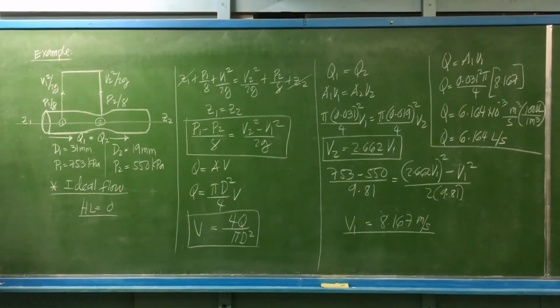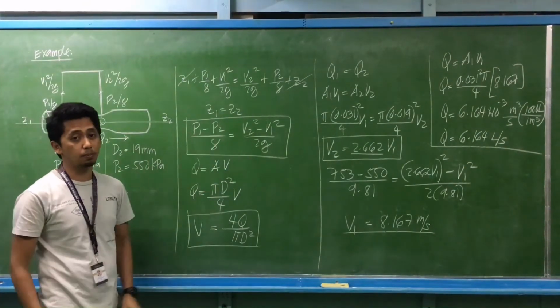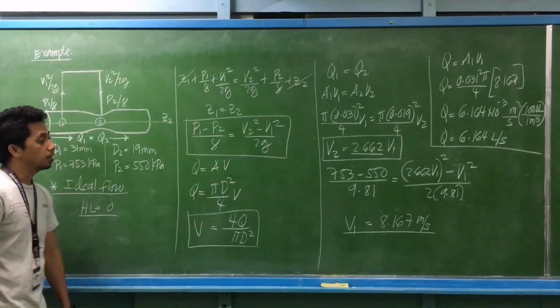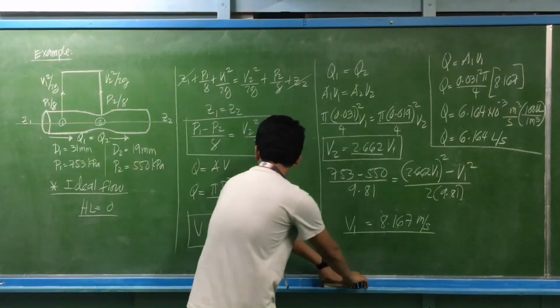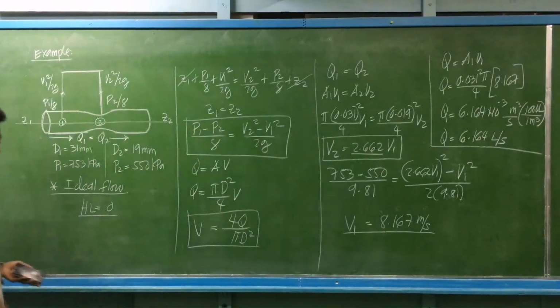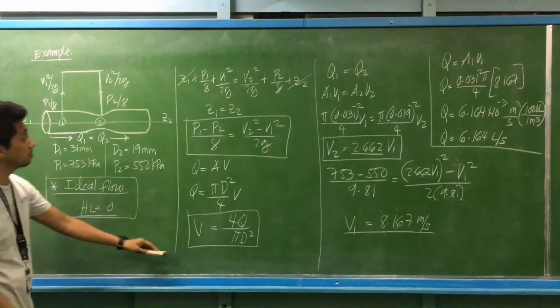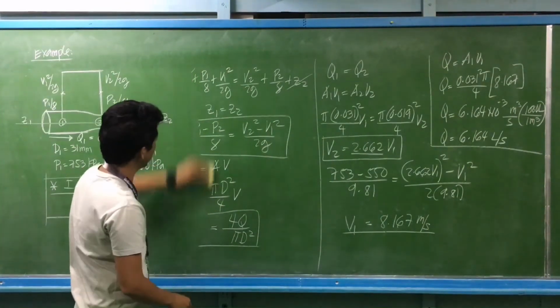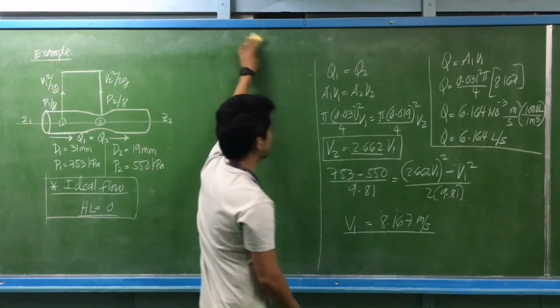So that is the main purpose of the Venturi meter, just to follow the rule of Bernoulli to determine the discharge. However, here we are assuming ideal flow, or that head loss is 0, but in actual there really is head loss. You cannot actually eliminate head loss.